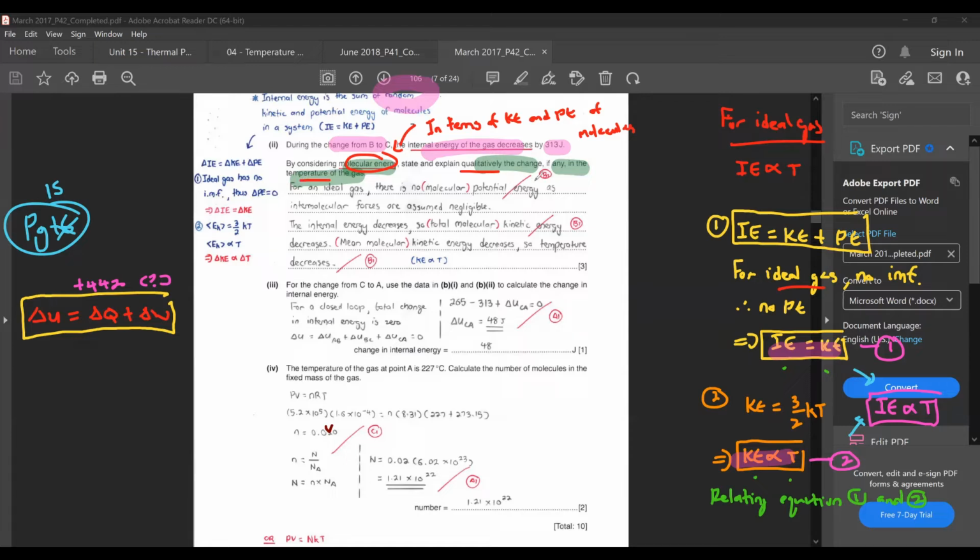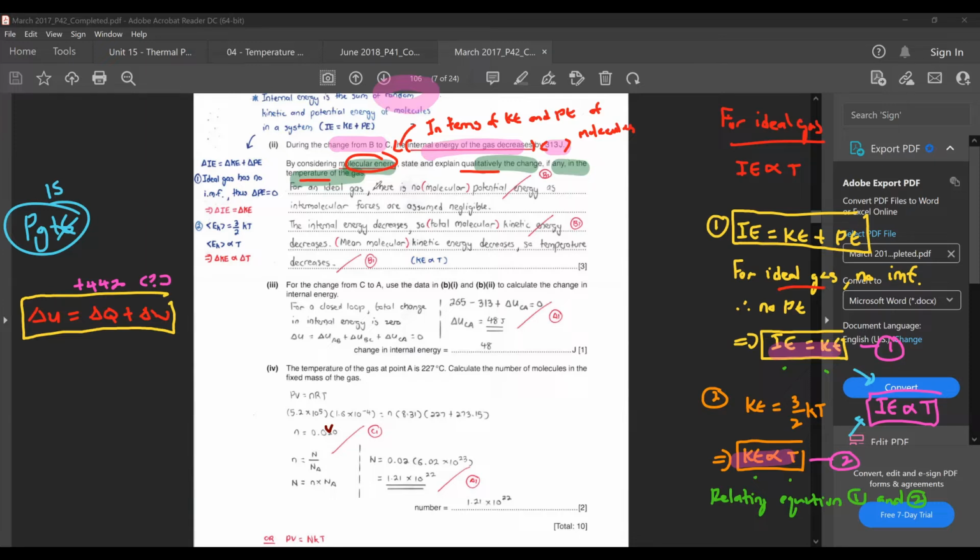Qualitatively just means you describe how it changes. You don't need to do any calculation, no values required. So how are you going to describe the change in the temperature of the gas? Because here you say that internal energy decreases by 313 joules. How would this affect the temperature of the gas?